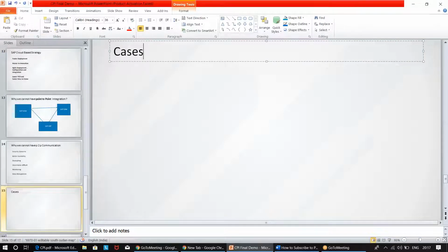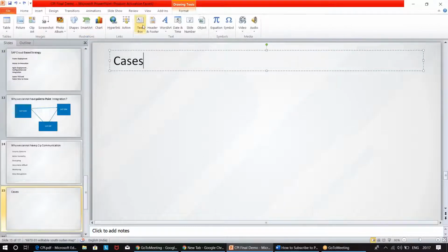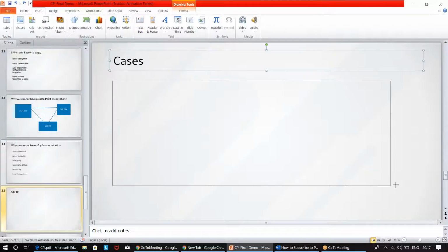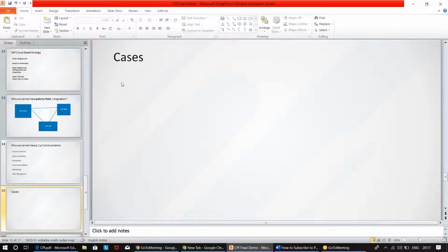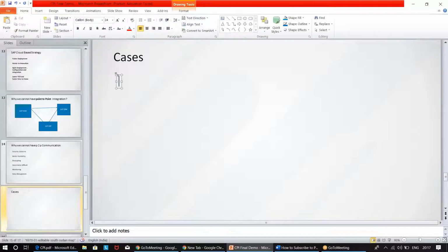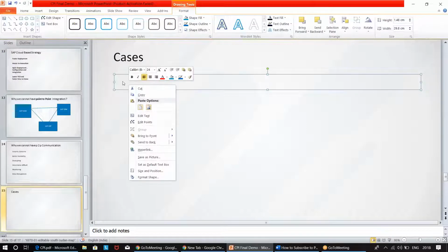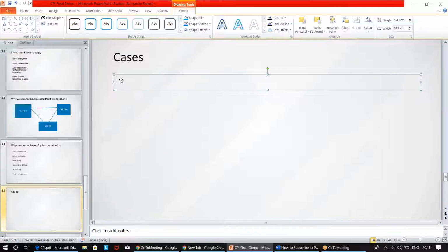Cases are important because whenever we are talking about different approaches, we should be very clear on what kind of things we have. So first of all, our first case is point to point.